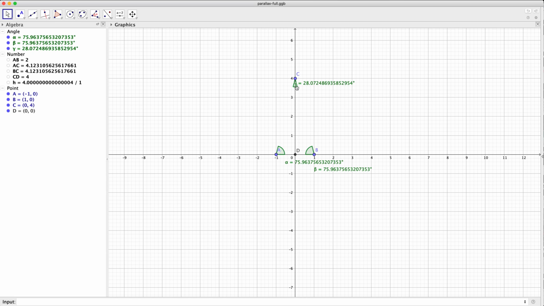Tangent of gamma divided by 2 is equal to AD divided by CD. Okay, don't hit enter if you're following along, because I'm not computing anything here. I'm stating that this would be the fact. So it's the opposite side from the angle gamma, AD, divided by the adjacent side, CD, and that's what tangent means, right?